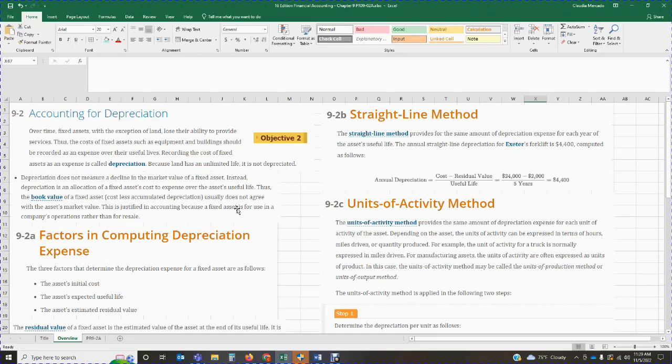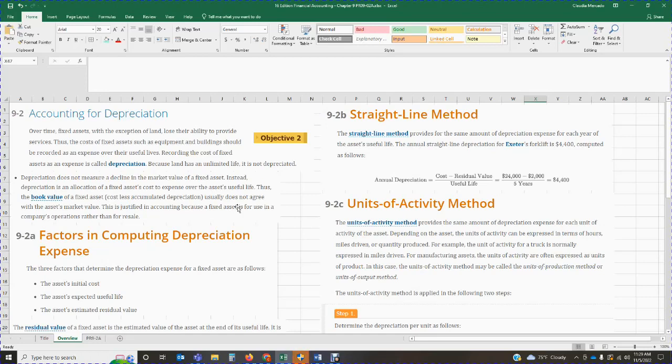It is very important to note that depreciation does not necessarily measure a decline in the market value of an asset, but rather depreciation is just an allocation of a fixed asset's cost to expense over the useful life of the asset. So it's a way of depreciating an asset. We have to recognize that the asset is losing value because it is being used, and there are different methods to allocate that value. The depreciation has nothing to do with the market value of an asset.